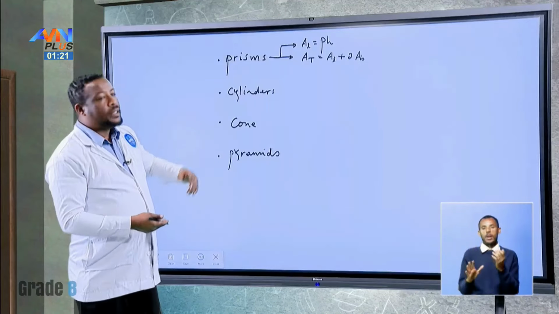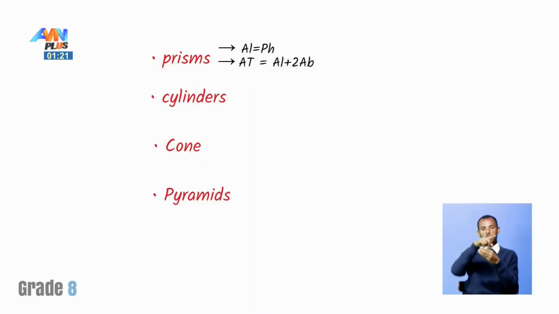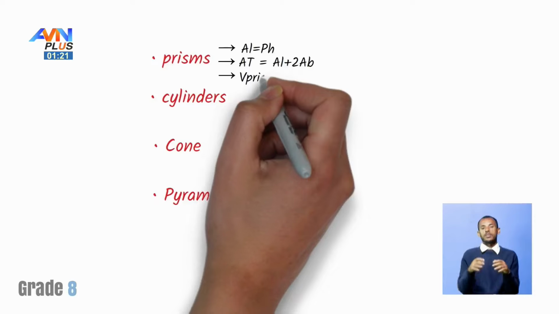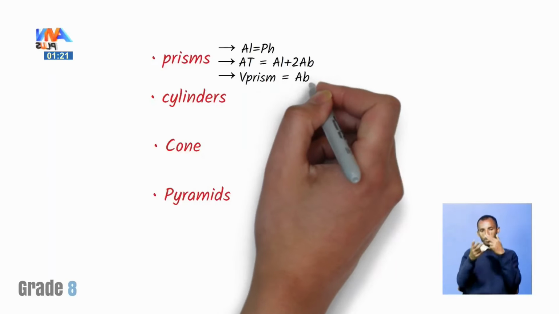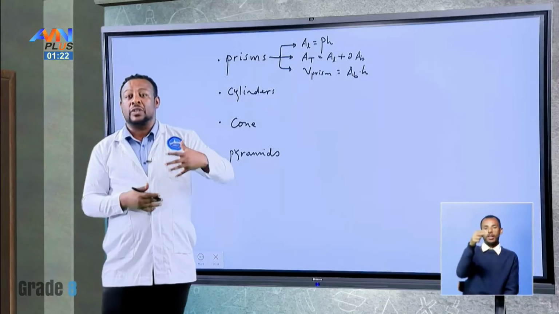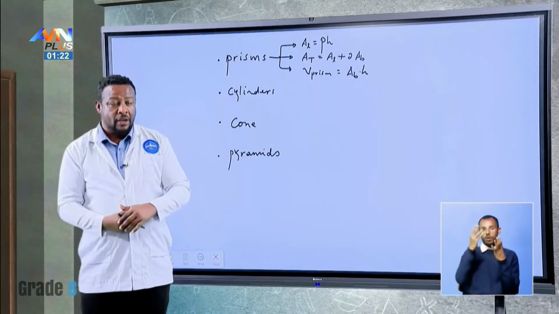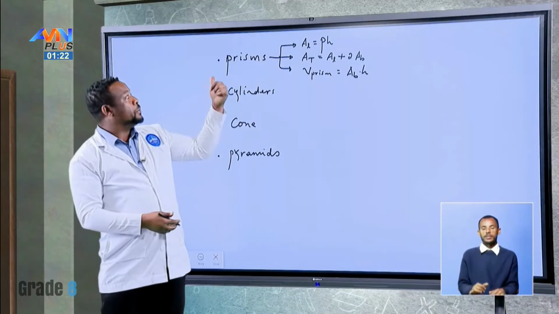The third measurement was volume. The volume of a prism is the product of base area times height. Calculating the base area depends on the nature of the polygonal bases. So these are the measurements in prisms.